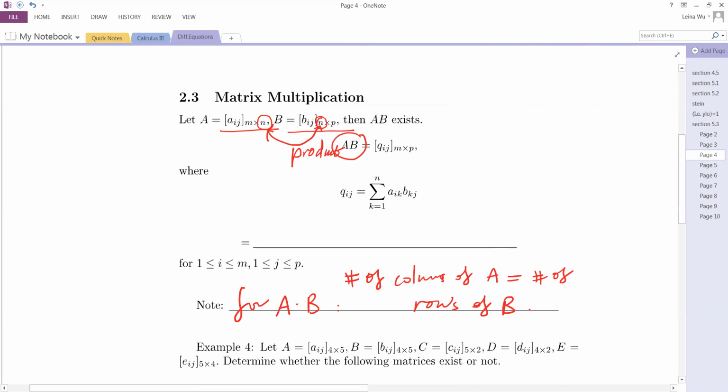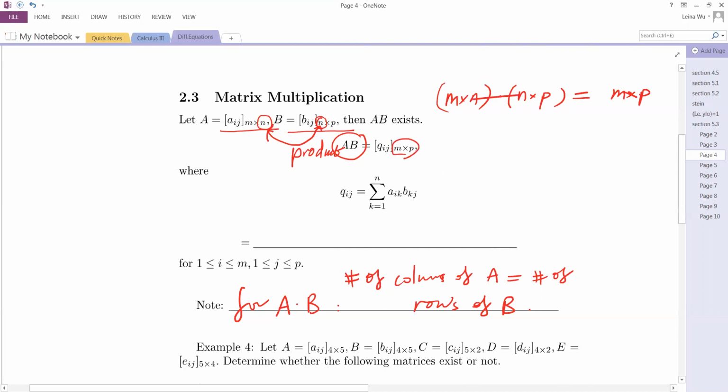This product would be a matrix of a size that's different from A or B a lot of times. So that would be M, which is remaining, and P. So in general, we say M by N multiplied with N by P. For these two matrices, the N would be canceled out. We'll just get M by P. Right?